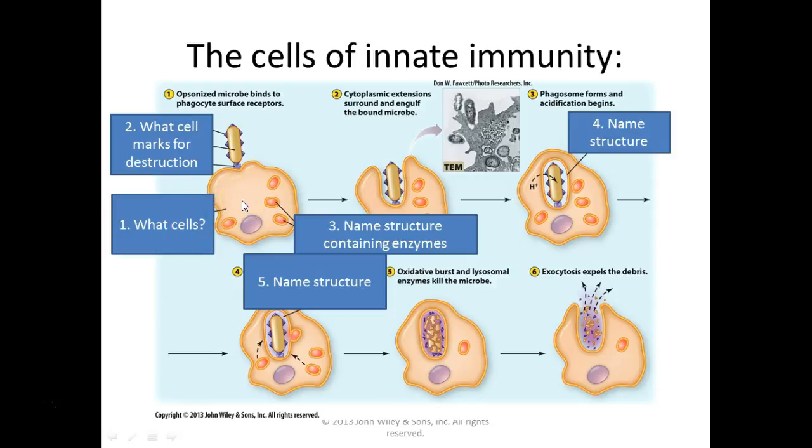That's labeled in our diagram, but see if you can remember. What are the specific names of two white blood cells that can do phagocytosis? Neutrophils is one of them. Monocytes when they're in your blood, but what are they called when they're in your tissues? They're called macrophages. So these are your phagocytic cells.